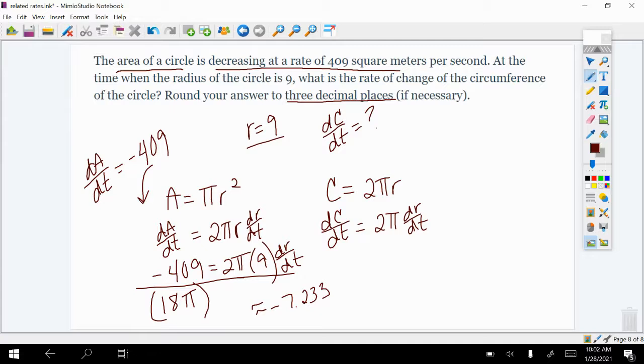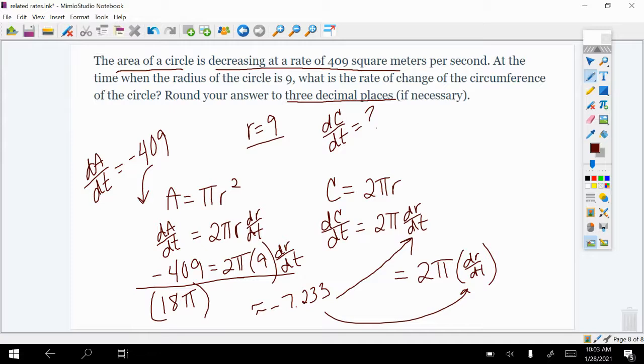I'm going to keep that value in my calculator rather than try to round too soon. But that's my dr/dt. So then I'm going to take that and put it into this formula. So it's nice that it's already on my screen. So I'm going to do 2 times pi times the dr/dt that I just found. I'm just going to hit times 2 times pi.